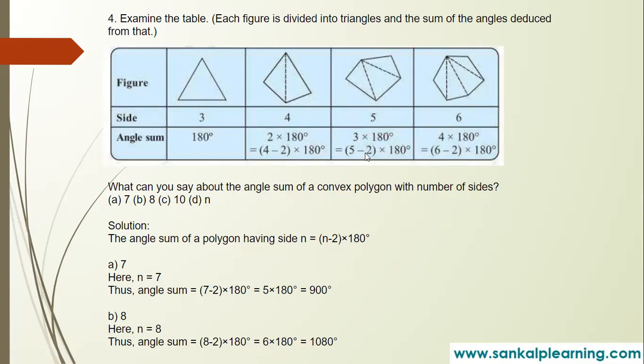As 5 minus 2. And in the hexagon, 1, 2, 3, 4. We have 4 triangles here. 4 into 180. Okay, children. So 4 is written as 6 minus 2. See, in all the cases, we have written the number of sides. So we have written 4 here, 5 here and 6 here.